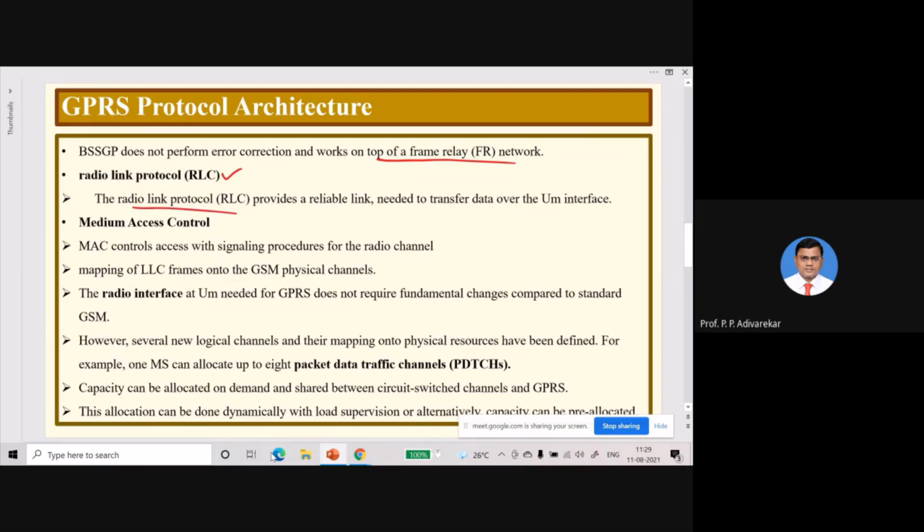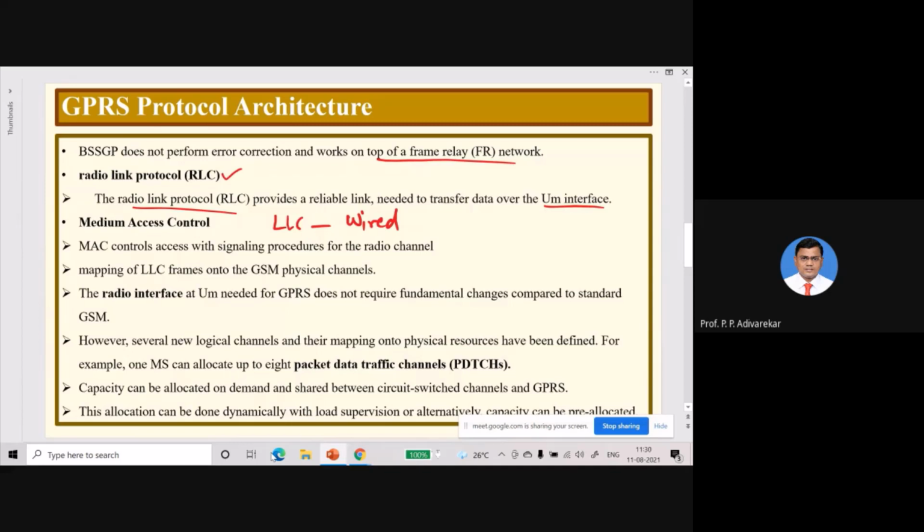The radio link protocol, RLC, provides the reliable wireless link needed to transfer data over the UM interface. So LLC is responsible for the wired interface, and RLC is responsible for the wireless interface, that is the UM interface.